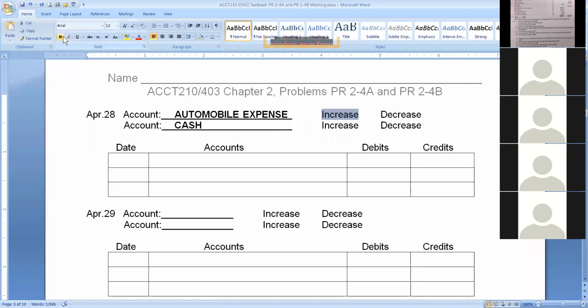Legal expense is increasing. Cash decreasing. And again, if there's no error, then we know an expense is always debited.